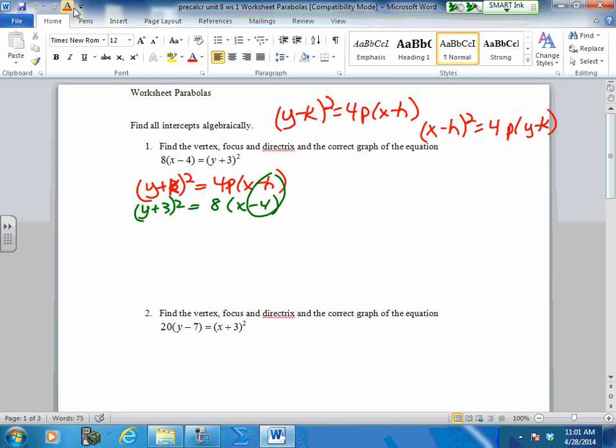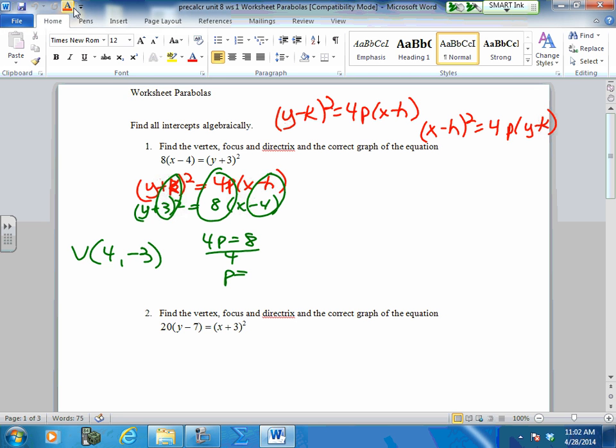From this, remember, your h is always with your x, regardless of what side it comes on. Your k is always with your y. It's alphabetical. X before y, h before k. That's your vertex. Pull out your vertex first. So what would be your vertex of this guy? 4, negative 3. Good. Go like this next. 4p is equal to 8.